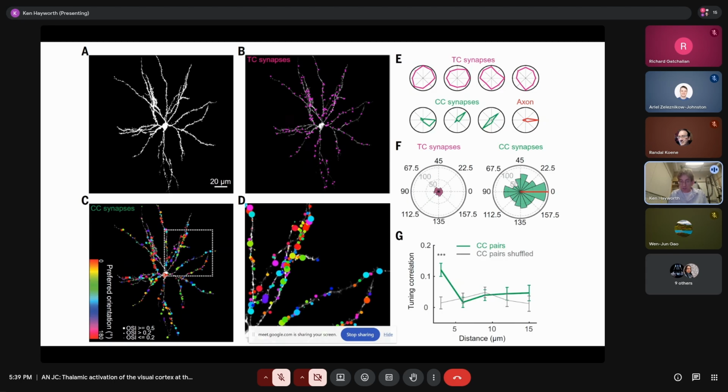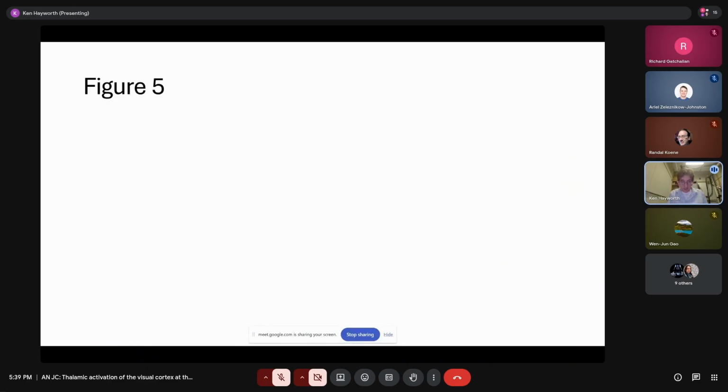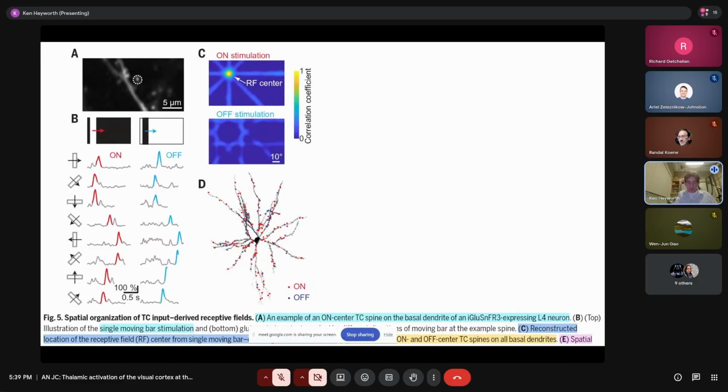I guess they could have said maybe on center versus off center could be clustered. And in figure 5, at least I don't see any type of clustering in this. So this is the final figure of the paper.